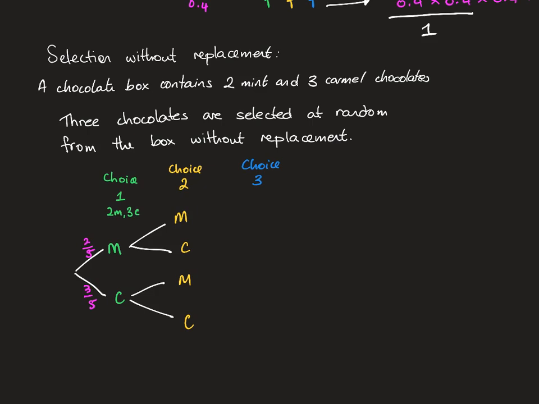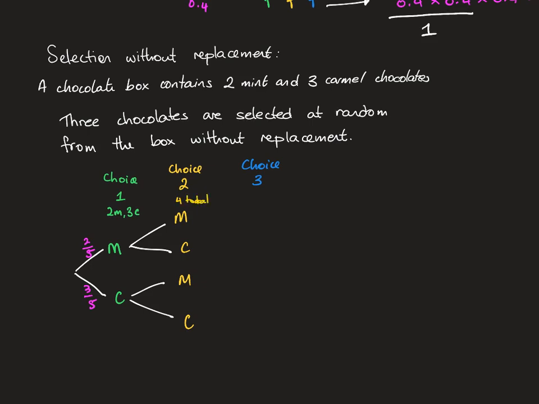So in our second choice, what we've got now is a box for this particular branch. We've got one of the mints taken out, which means when we come to choosing our second choice here, we are now choosing out of just a total of 4.